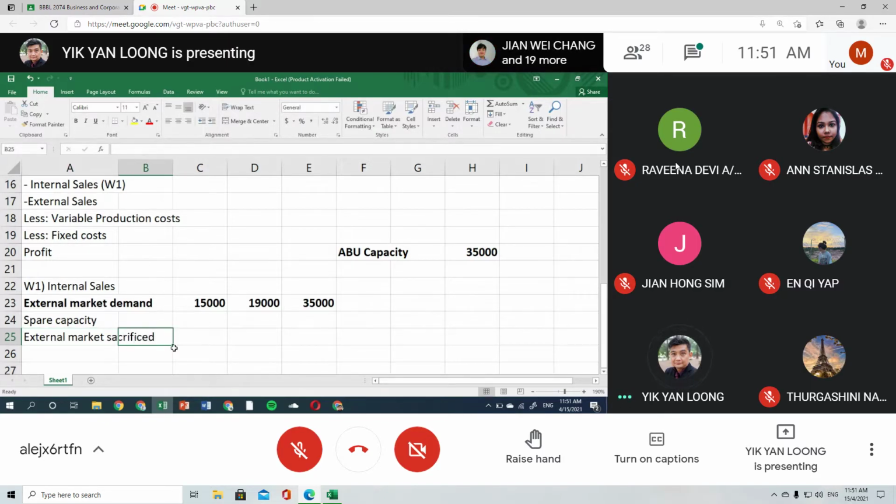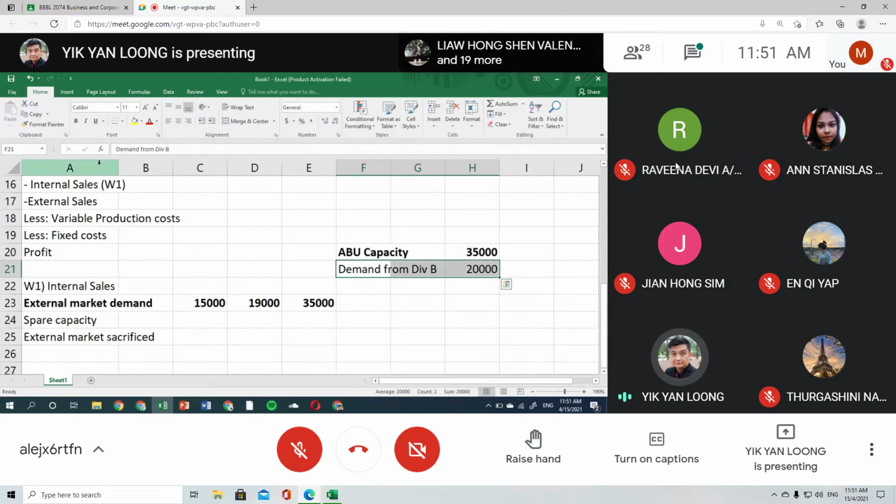Now, what do you mean by that? Abu's capacity is 35,000. Bear in mind, annual demand from division B is 20,000 units. Annual demand is 20,000 units, not division B, but Baka.